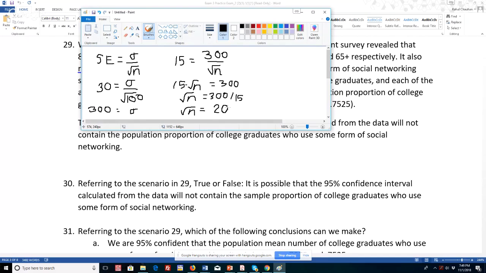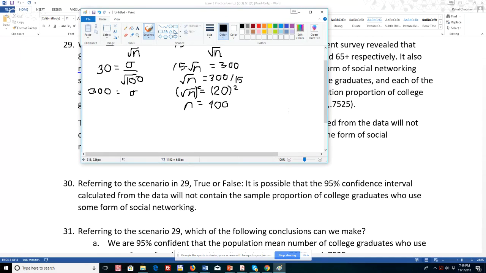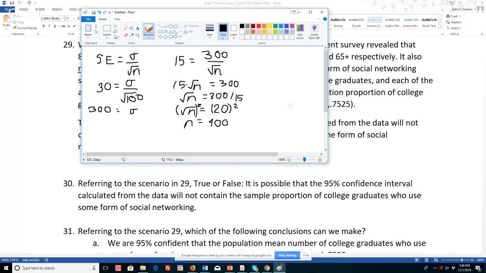And then to get just n, we're going to square it. And we have to square both sides. So our n is equal to 400. So in order to cut our standard error to 15, we would need to increase our n to 400.